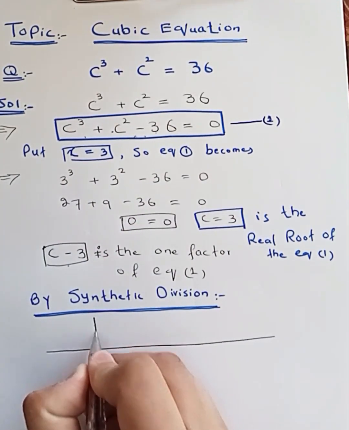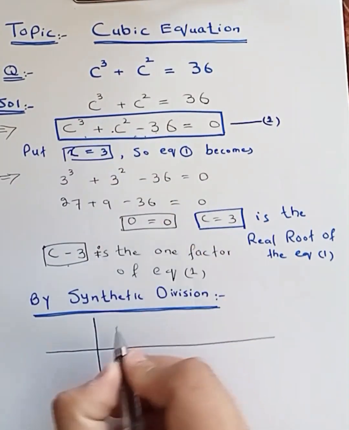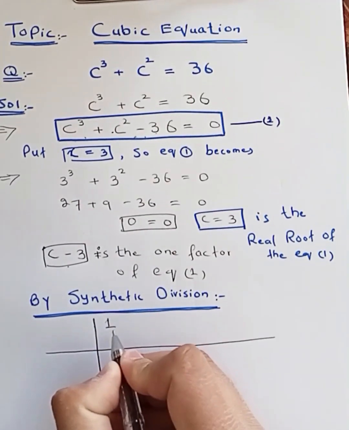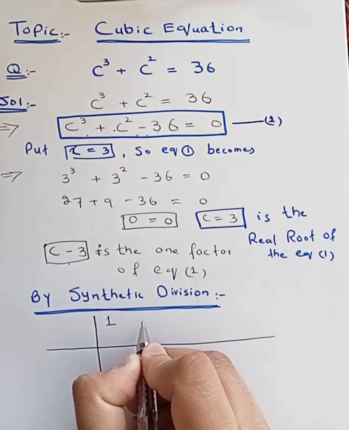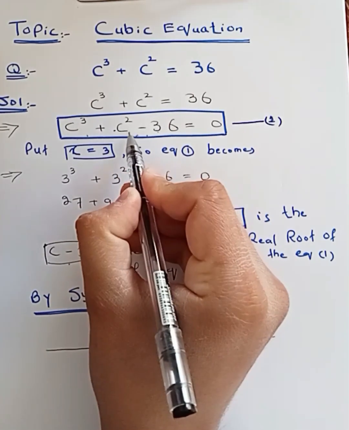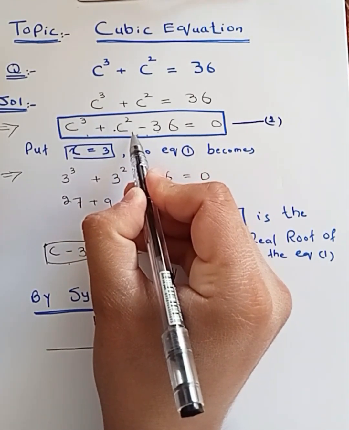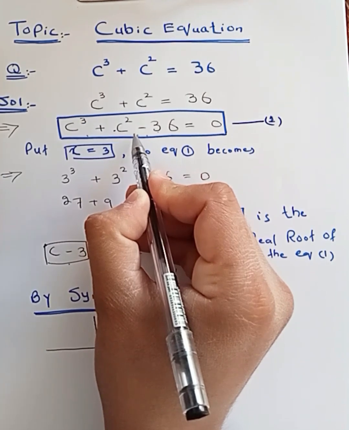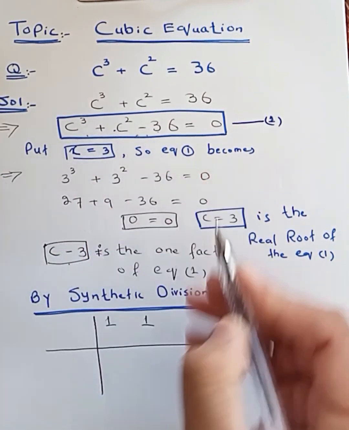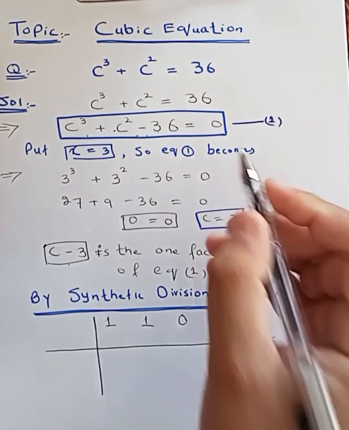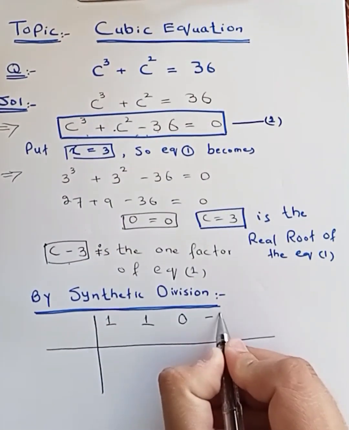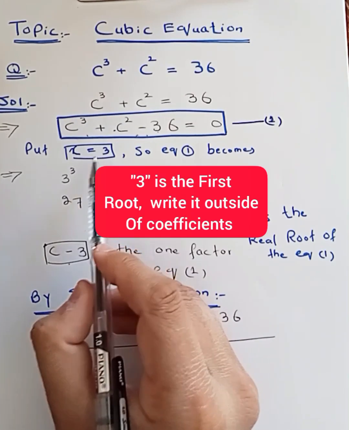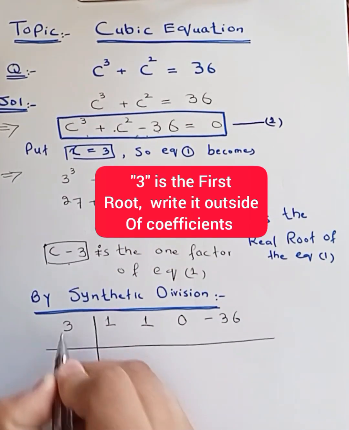So the coefficients become: c cube has coefficient 1, c square has coefficient 1, the c coefficient is missing so it becomes 0, and the last constant term is minus 36. 3 is the root, so we will write that root here.